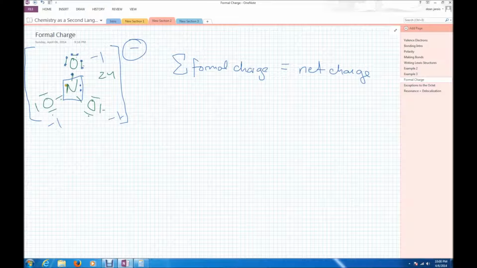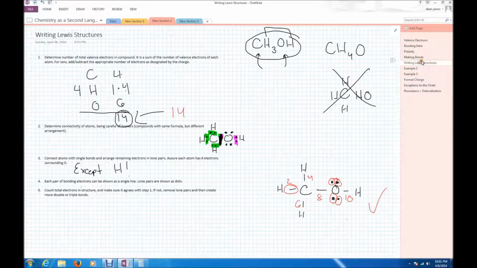So nitrogen should have 5. 1, 2, 3, 4, 5. So the nitrogen is okay. But if we did it this way, again, the net charge would be something like -3. So this is not the proper charge of the nitrate ion. So let's redo this one, keeping formal charge in mind.